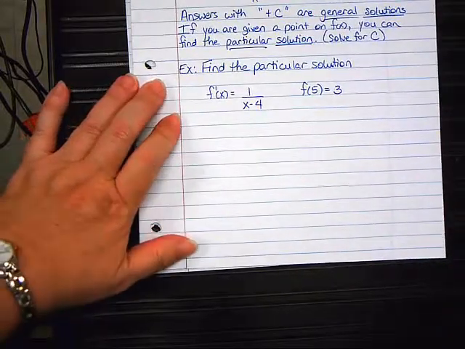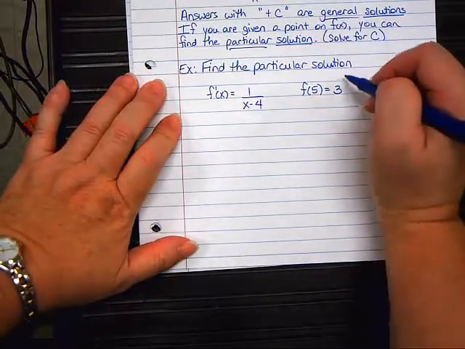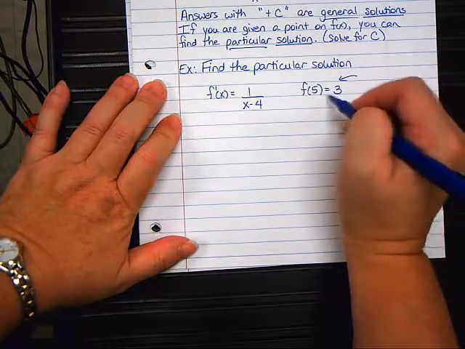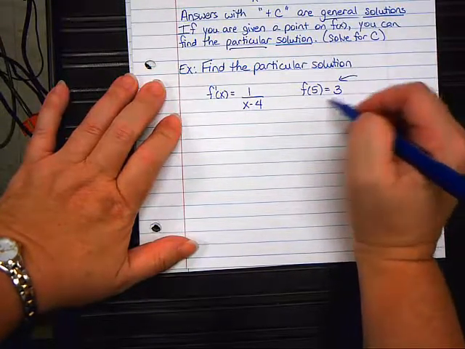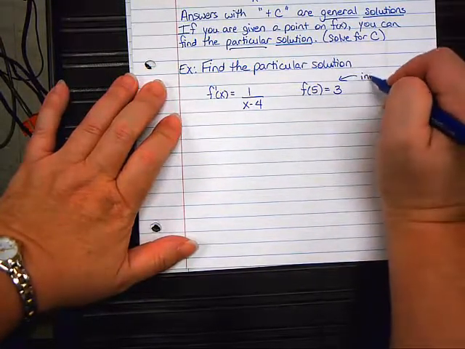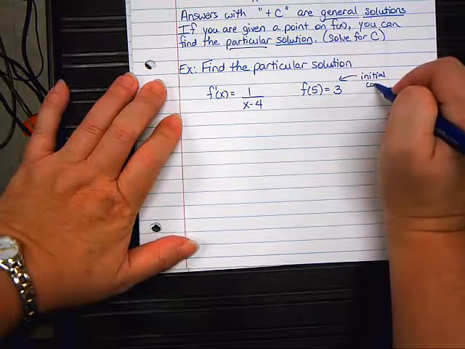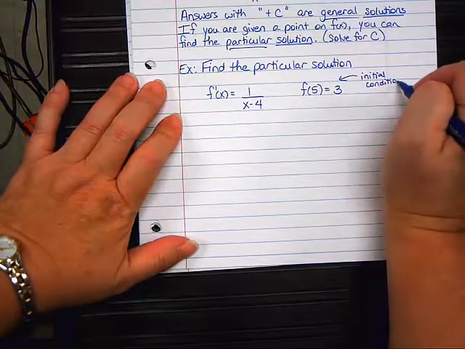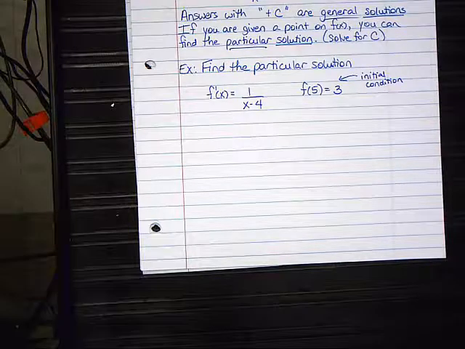Now, I don't remember if the worksheet uses this terminology. This point that they give you, they don't write it as an ordered pair. They usually write it like this. It's called an initial condition. An initial condition, in other words, a starting point.